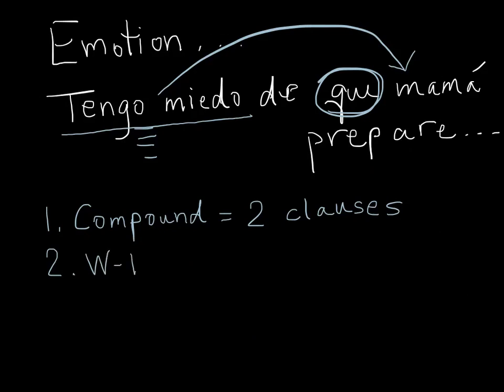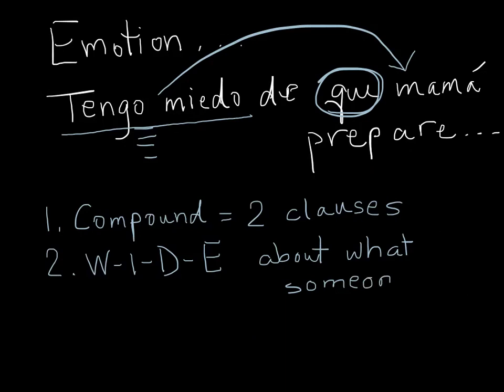Is there an impersonal expression? Is there an expression of doubt, disbelief, denial, or emotion about what someone else is doing? So that piece about what someone else is doing is critical. It can't be the same subject. It has to be about what someone else does. In those examples, it was always mamá. Poor mamá.